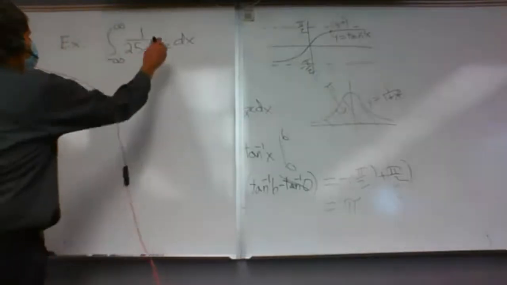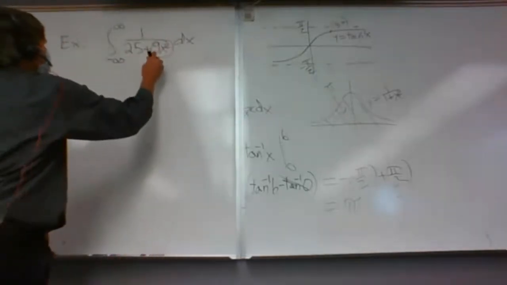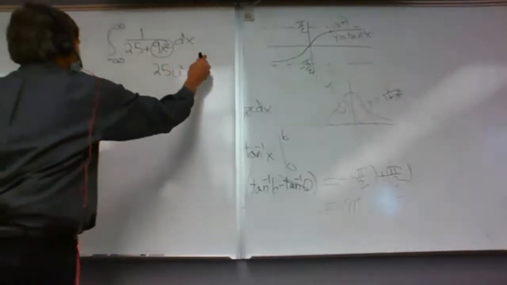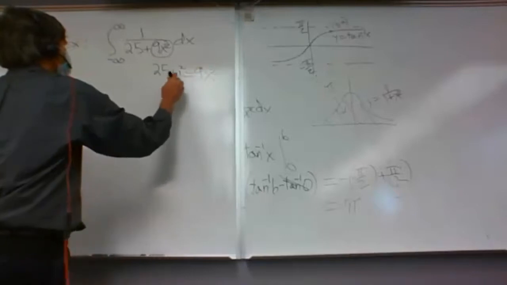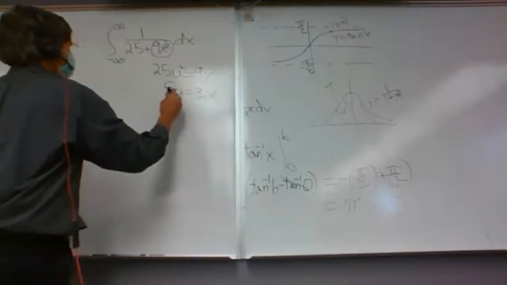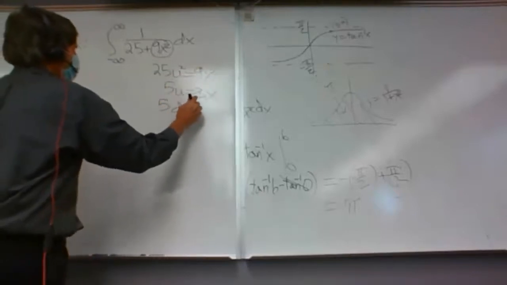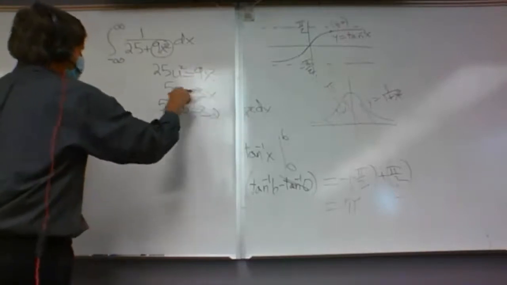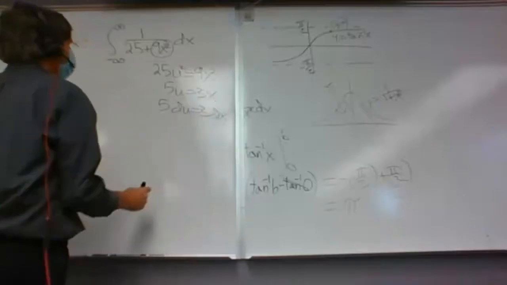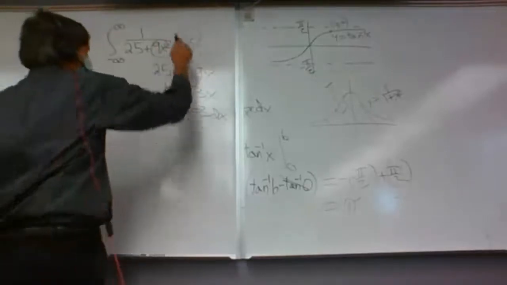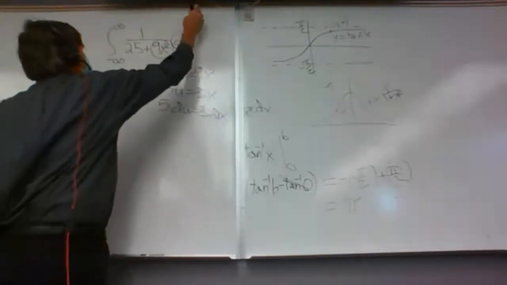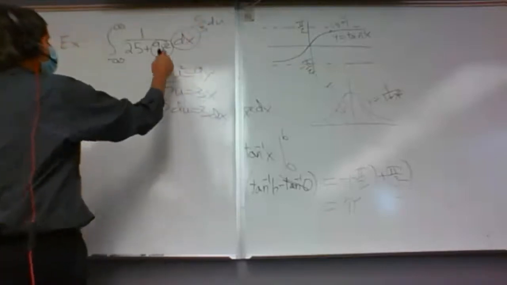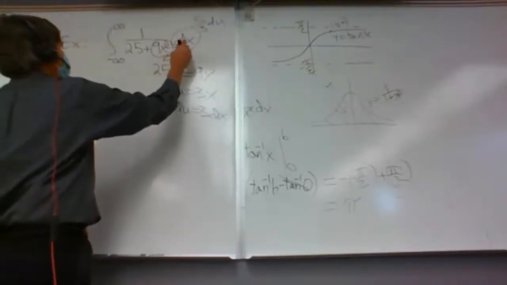Think about it. What if I substituted 25u squared equals 9x squared, for instance? So 5u equals 3x, and 5 du equals 3 dx by taking the derivative. That says dx can be replaced by 5/3 du. 9x squared can be replaced by 25u squared.